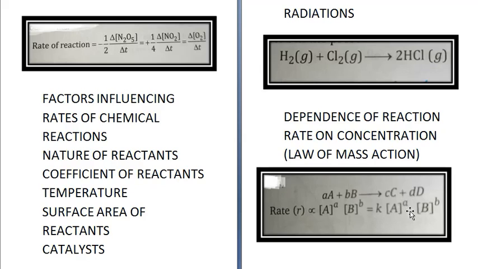So according to the law of mass action, the rate of reaction depends upon the molar concentration of reactants. Now this is a theoretical fact, and for this you need to have a balanced equation to get the stoichiometric coefficient.